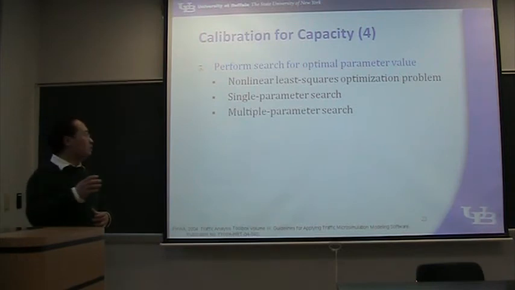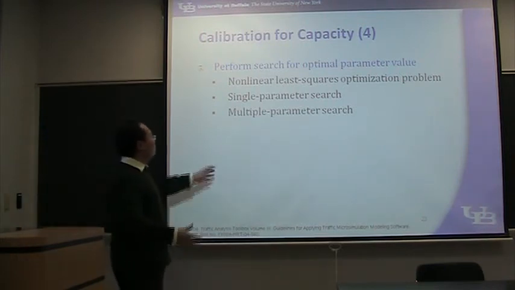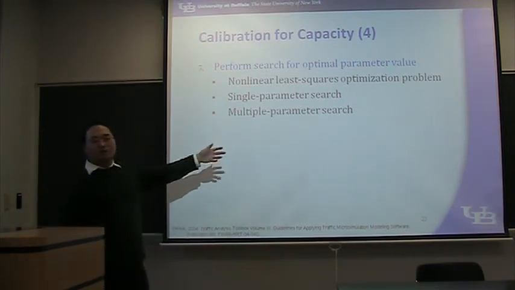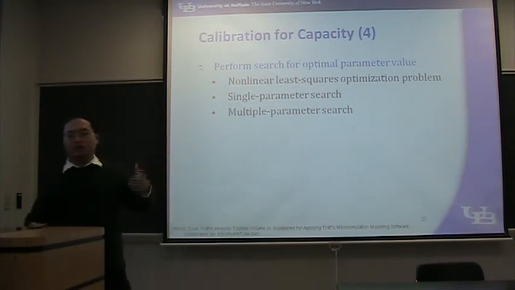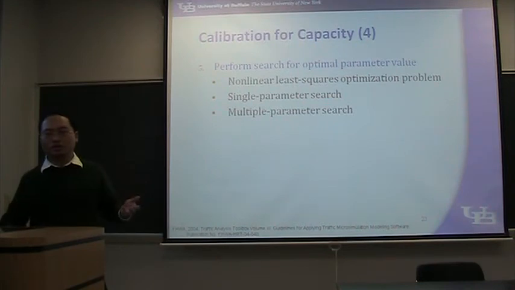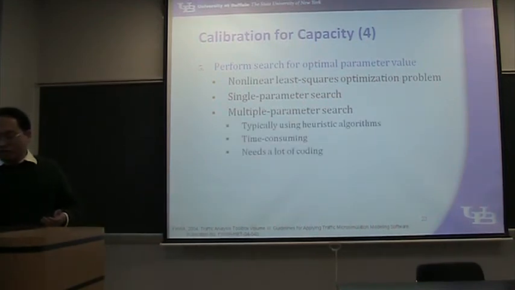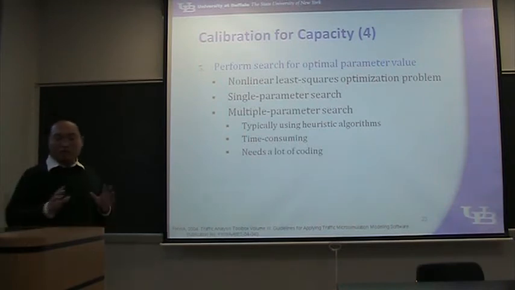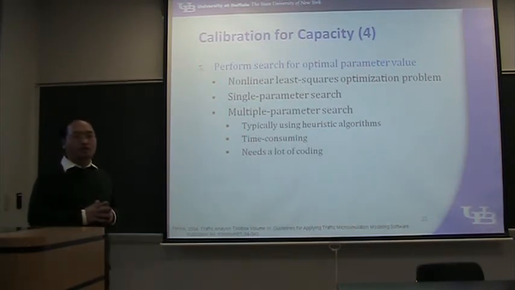But in most cases, you have multiple parameters to calibrate. So you're going to perform a multi-parameter search, which is more difficult. To search for multiple parameters, we typically use heuristic algorithms.